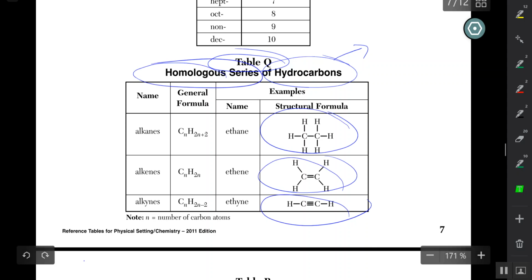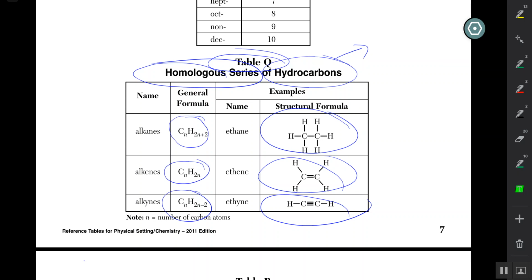A homologous series of hydrocarbons would follow either this general formula, or this general formula, or that general formula. This general formula is for the alkanes, whose names end in A-N-E. This is for the alkenes, whose names end in E-N-E, and this is for the alkynes, whose names end in Y-N-E.